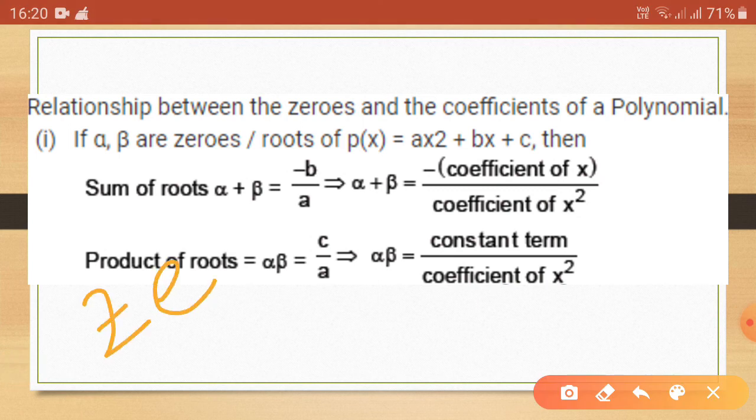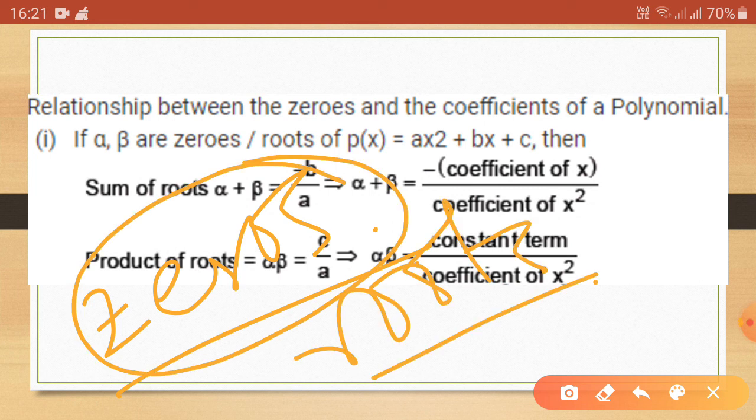What is zeros? The roots of a polynomial are those values of the variable that cause the polynomial to evaluate to 0. Already we have told that the roots or the zeros of a polynomial are those values of the variable that cause the polynomial to evaluate to 0.